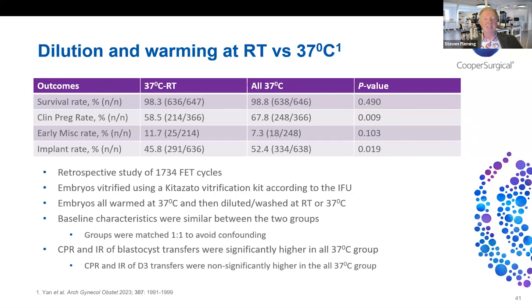And what they found, and you can see this with those p-values, they found that the clinical pregnancy rate and the implantation rate of blastocyst transfers was significantly higher when they did all the warming and the dilution and the washing at 37 degrees C. However, interestingly, when they looked at the clinical pregnancy rate and implantation rates of day 3 transfers, although they were, again, higher in the all 37 degrees C group, they weren't significantly higher.